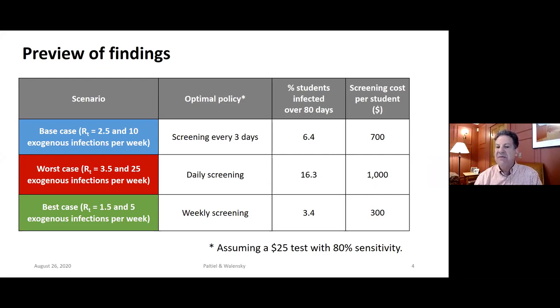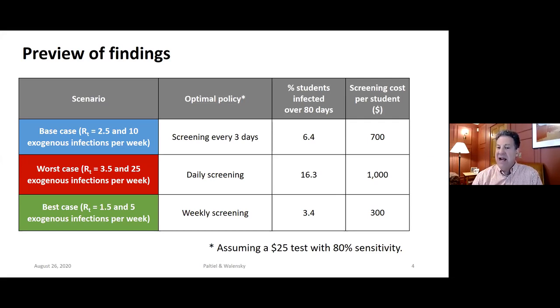And what we found was that the optimal policy in the base case was to screen every 3 days, assuming that we had a $25 test with 80% sensitivity. That would result in 6.4% of the students becoming infected over an 80-day fall semester, at a cost per student of the screening program of $700. In the worst case, daily screening would be required.